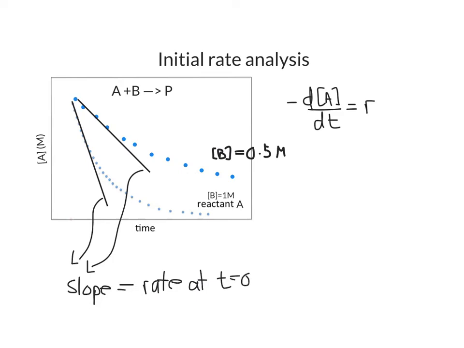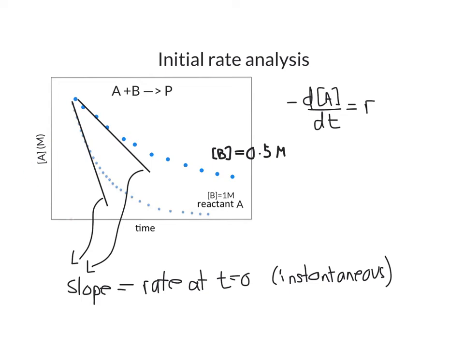So that is an instantaneous rate of reaction. Now notice that those rates are different, and they're different because we have different concentrations of the other reactant that we're not measuring the disappearance of.